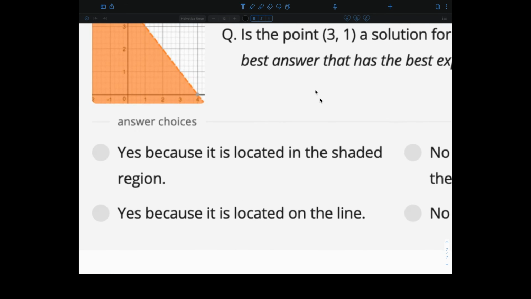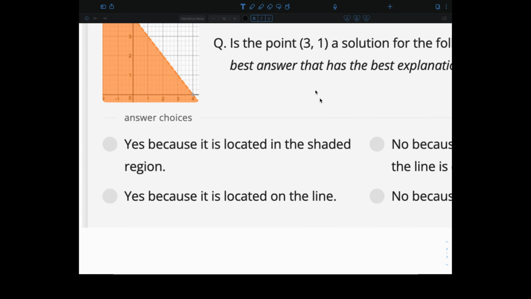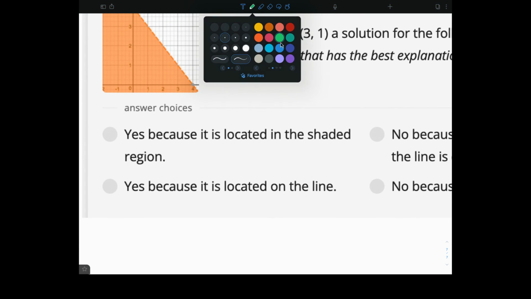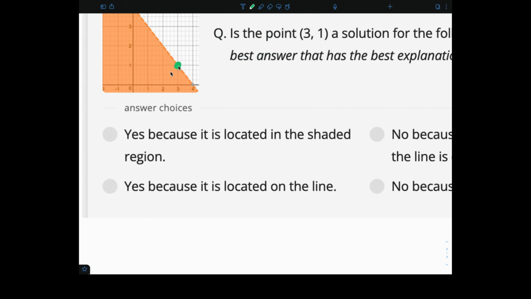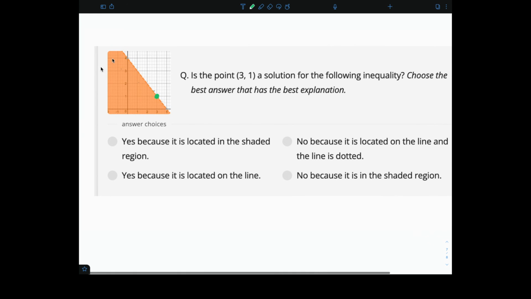So you're going to look at this graph and you're going to say 3, 1 lies directly on this point here. And so when I look at this, we have to understand what the dash means. And what the dash line means is it doesn't lie on the line. It lies everywhere to the left or below, but not on the line. So the answer here is definitely not the yeses.